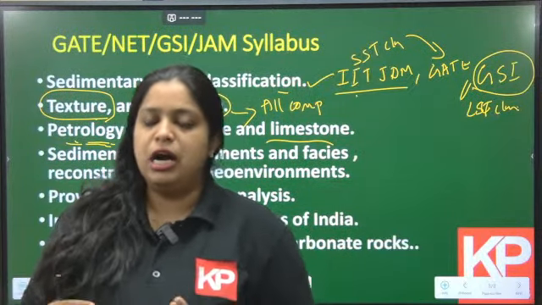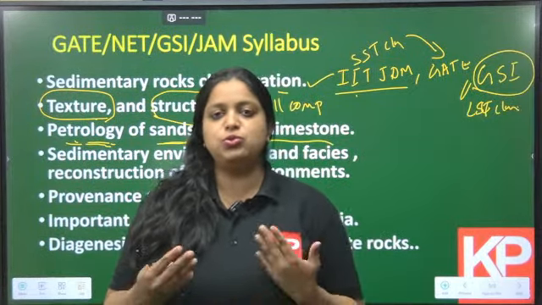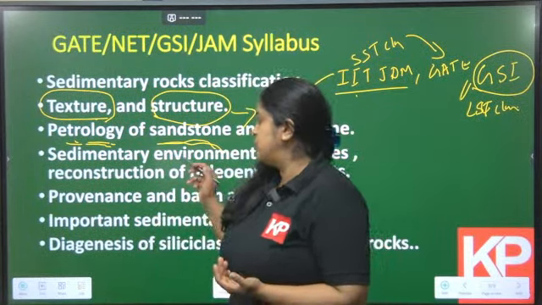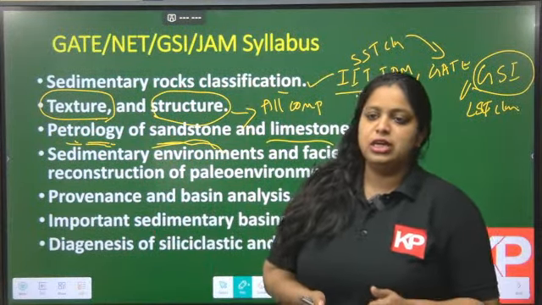Like if I get an arkose, what does the paleo-environment refer to? Those kinds of terminologies are very important. The complete petrology of sandstone and limestone is also very important.